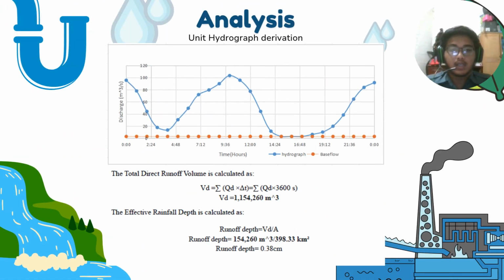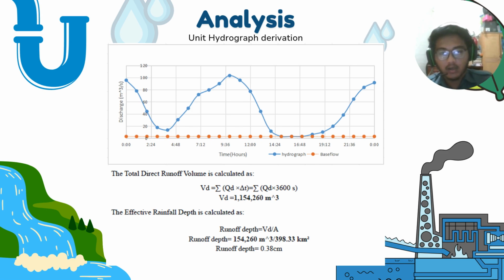The next one is unit hydrograph derivation. The concept of the unit hydrograph is applied to standardize the catchment runoff response. The unit hydrograph, UH, for the catchment represents the direct runoff response to 1 unit, which is 1 millimeter of effective rainfall uniformly distributed over the catchment and duration. We can see from the graph, we have the discharge and the time.